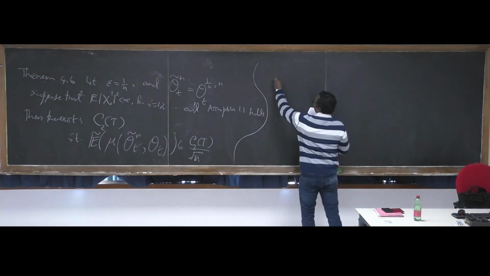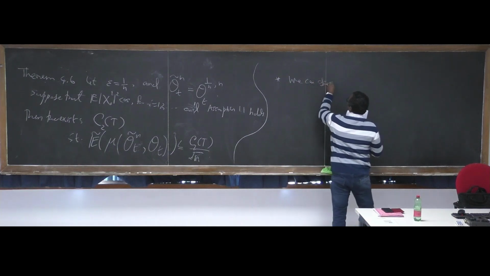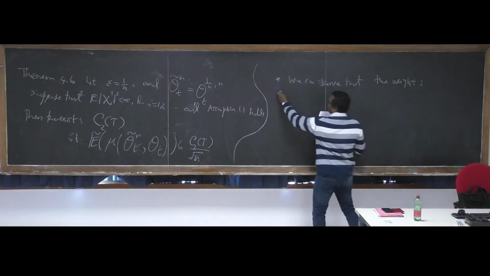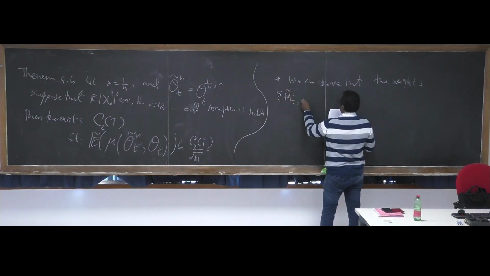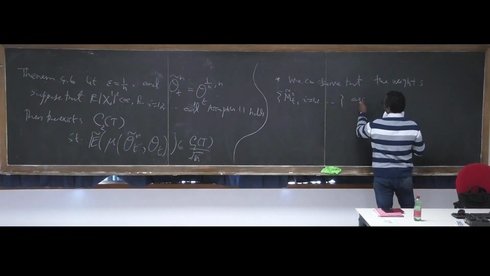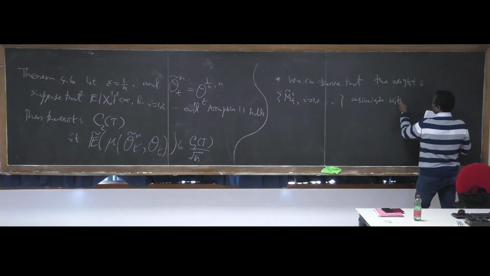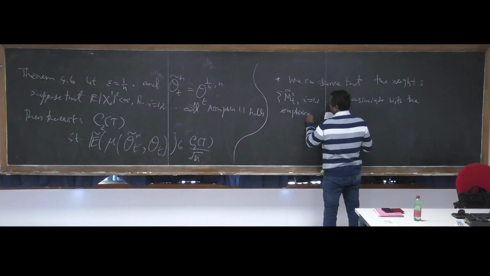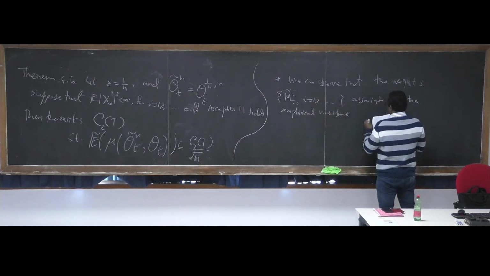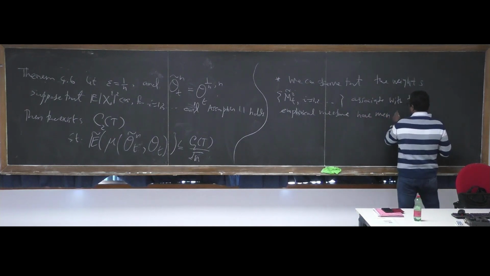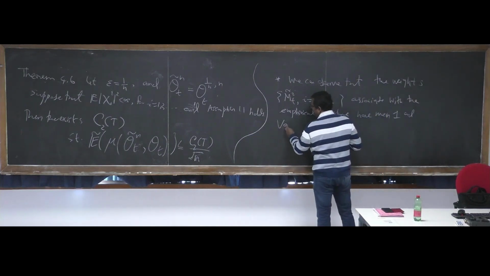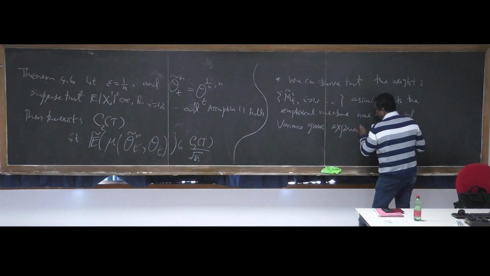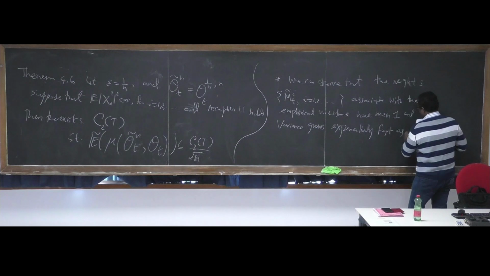Let me point out that we can observe that the weights m tilde_{I,t}, i runs from 1 to n, associated with the empirical measure, have mean 1 and variance that grows exponentially fast as t goes to infinity.